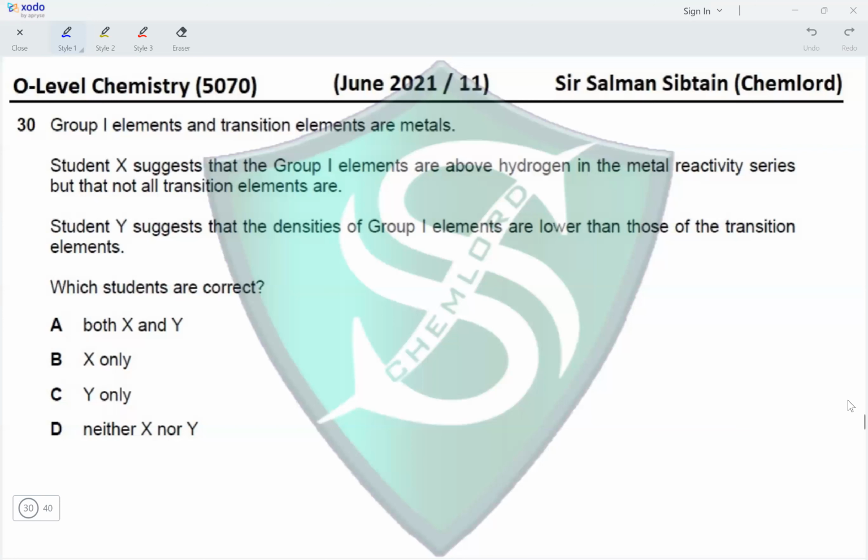So student X is correct. Now student Y says the densities of group 1 elements are lower than those of transition elements. The atoms of transition elements have a smaller size and a higher mass, which makes their density relatively high. So student Y is also correct. So both the students give correct statements, making option A the correct option for this question.